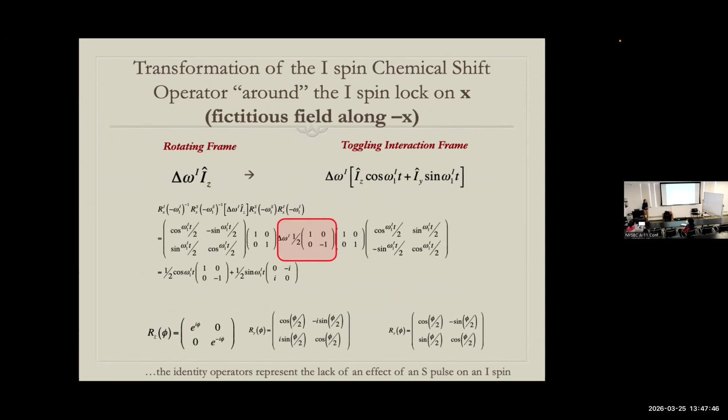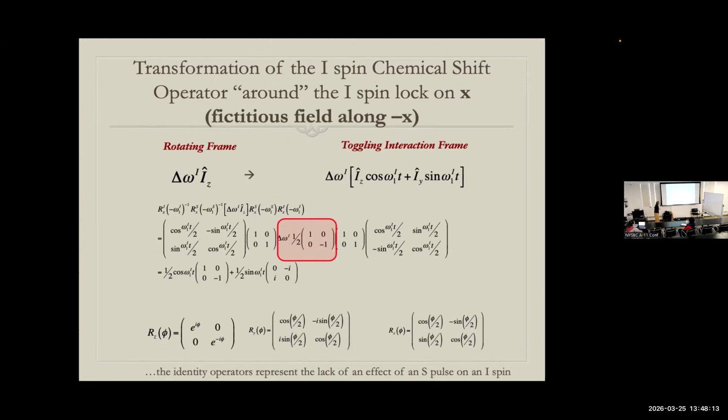And what do these transformations look like? Well, let's do one explicitly in the Cartesian basis set. A chemical shift term for I, delta omega Iz, is going to be viewed after the fictitious field.